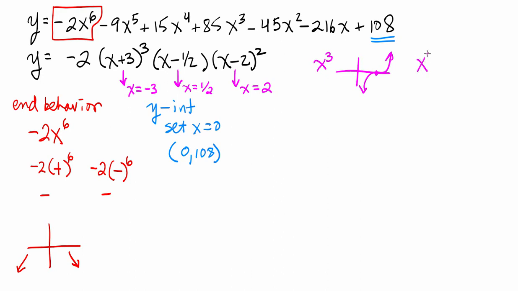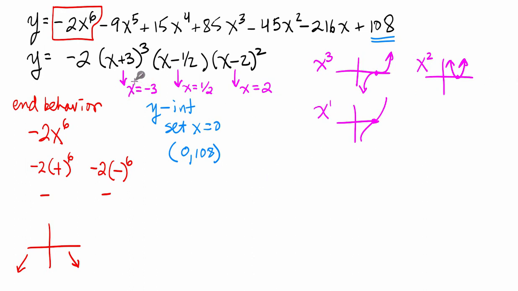Any factor which is of the variety x squared will hit the x-axis but bounce. And the third variety, if the factor is just a linear factor, x to the first, then the polynomial will not only touch the x-axis but travel through. So we have the cubic variety with a kind of a swerve to it, square variety, which is a bounce, and first power or linear variety, which is a cut through.